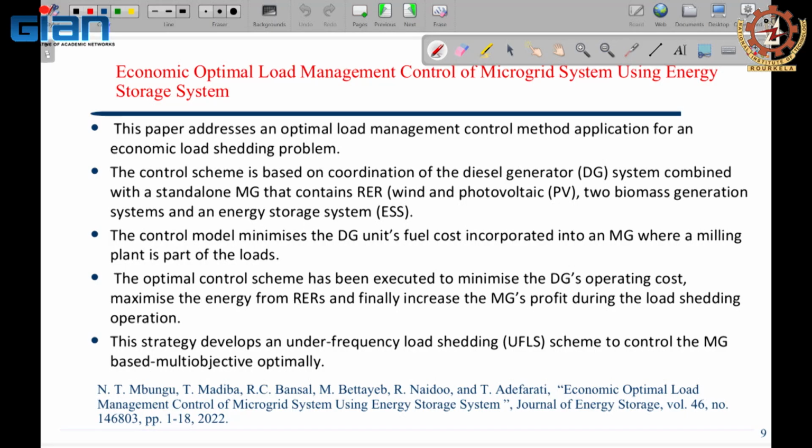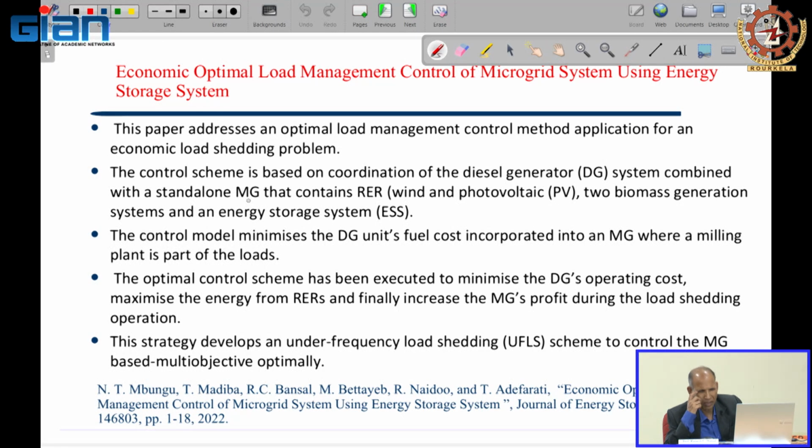So here the control scheme is based on the coordination of the diesel generator combined with a standalone microgrid that contains renewable energy resources like wind, photovoltaic systems, biomass generation system and energy storage system.